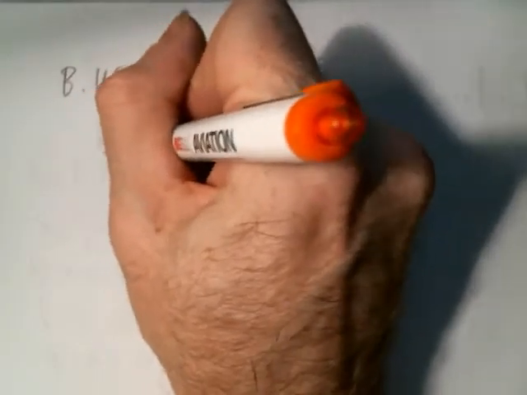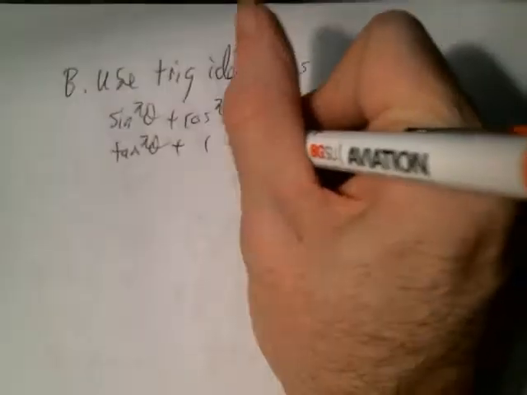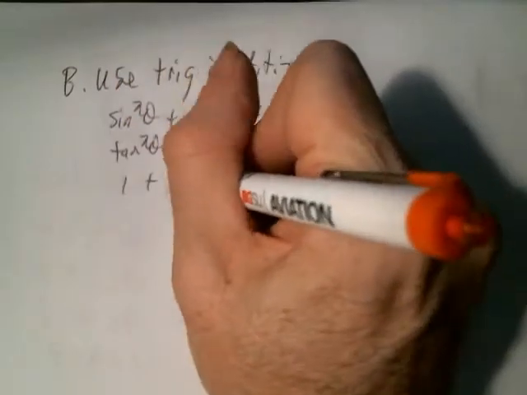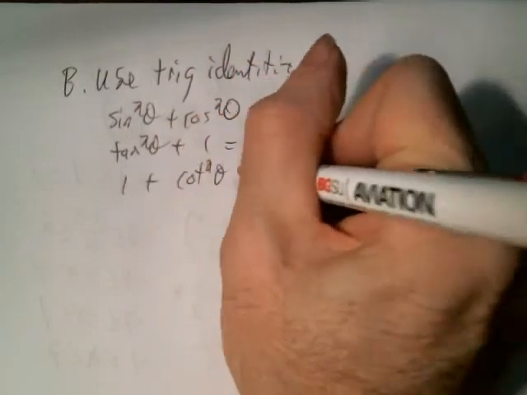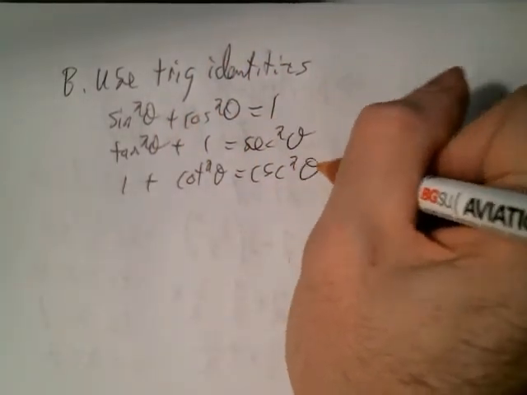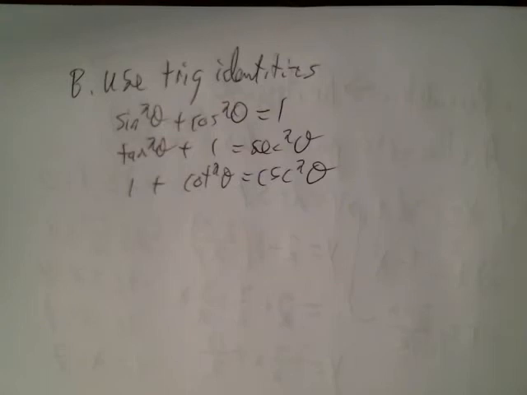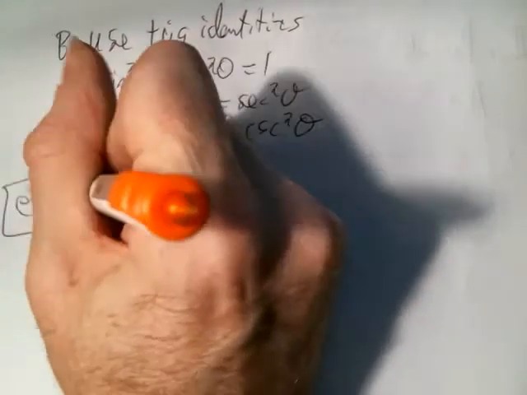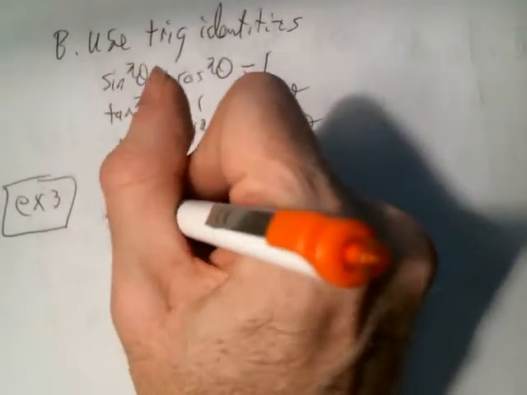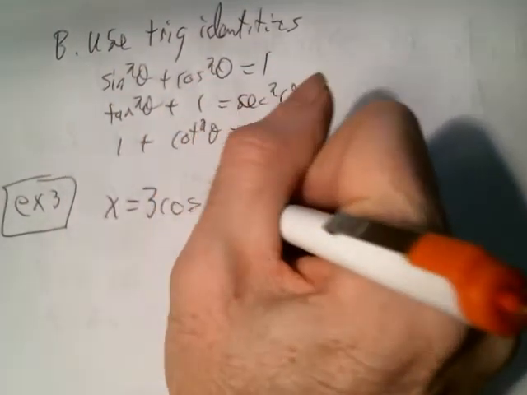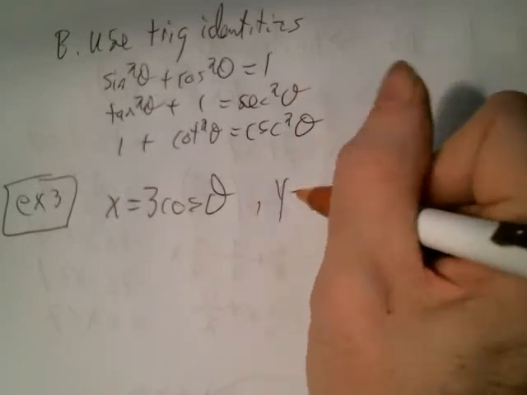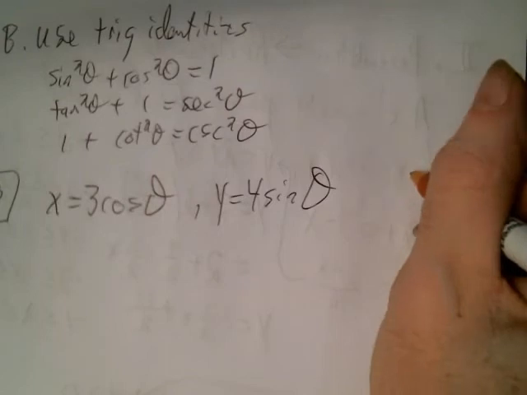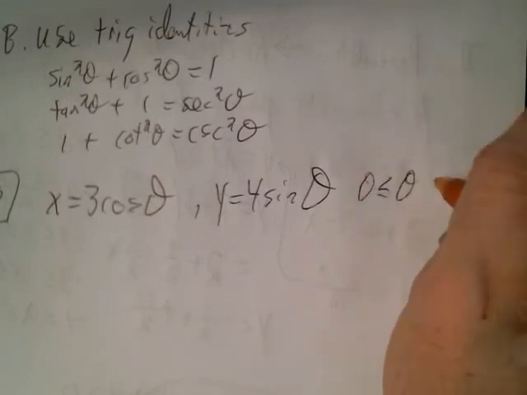So tan squared theta plus 1 is secant squared theta, and then 1 plus cotan squared theta is cosecant squared theta. Okay, so let's see that in action. This is example 3. Our set of parametric equations, x equals 3 cosine theta, and then y equals 4 sine theta, and our parameter is varying from 0 to 2 pi.